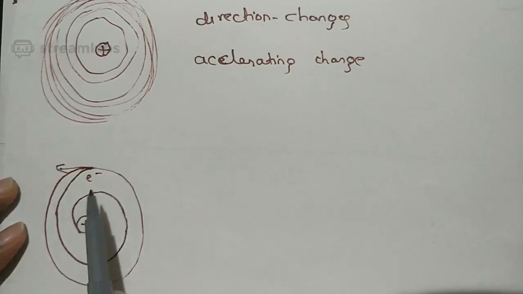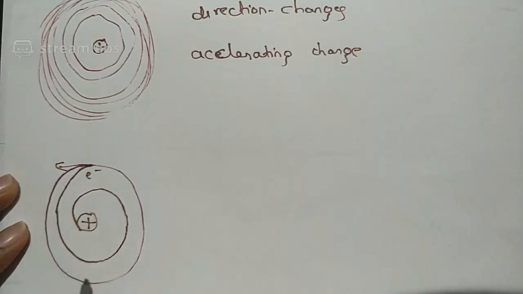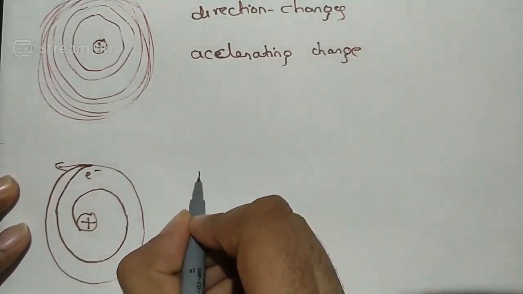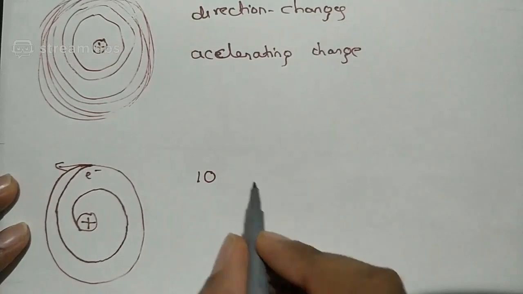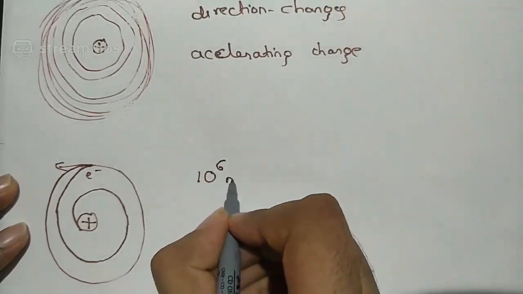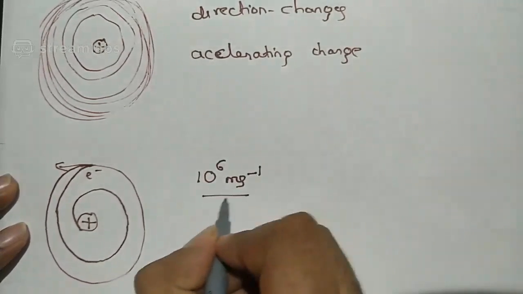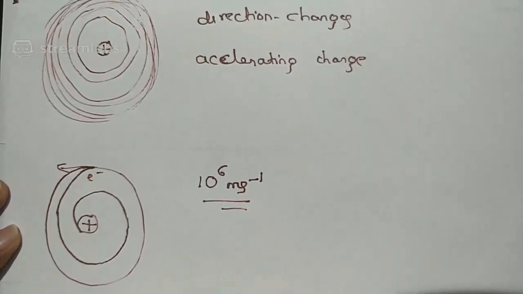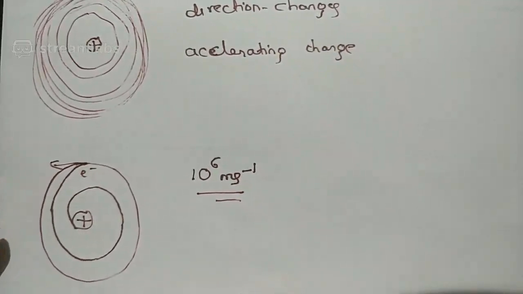But here you see, the electron is revolving around the nucleus with what speed? Just now I have calculated a formula that gives around 10 to the power 6 meter per second. When the speed is 10 to the power 6 meter per second, you cannot apply classical ideas of physics.